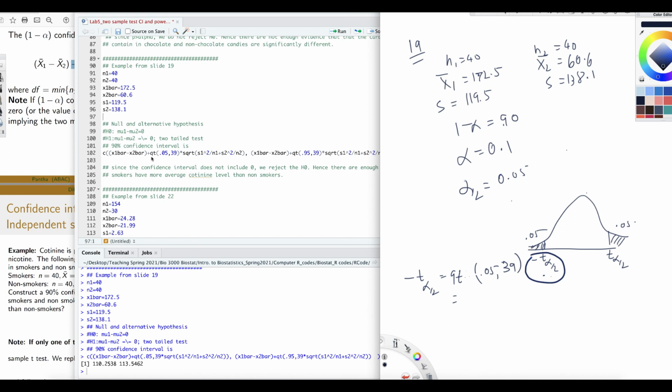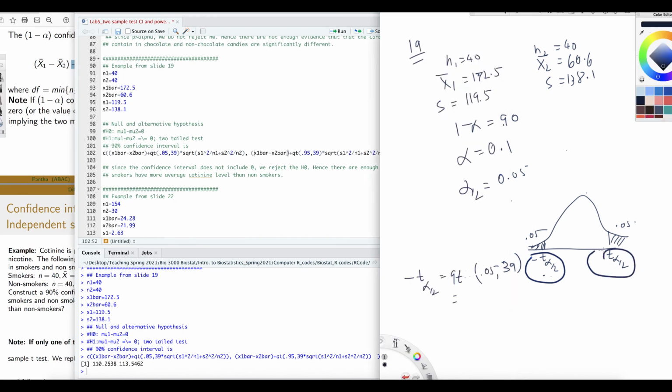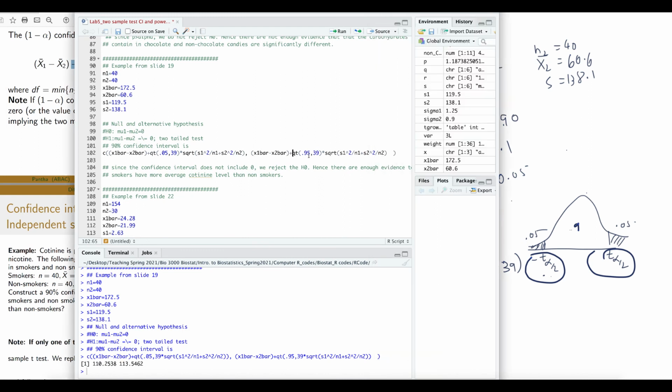So I wrote positive QT of 0.05 with 39 degrees of freedom times the square root, and then comma the same values. To find the positive one, what is the total area left? Because QT needs the area left of that value. So this is 0.9, 90%, and this is 0.05, so 0.95. So what I did here is QT of 0.95 comma 39 times the square root of S1 squared over N1 plus S2 squared over N2. So let me run it from the beginning.